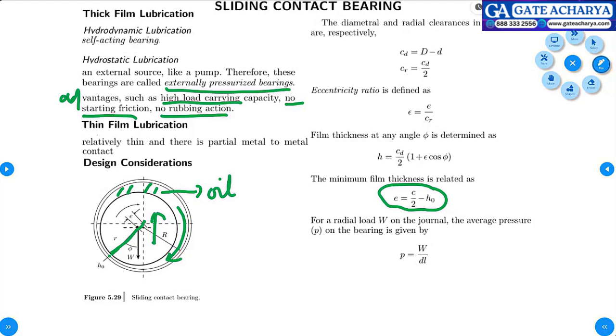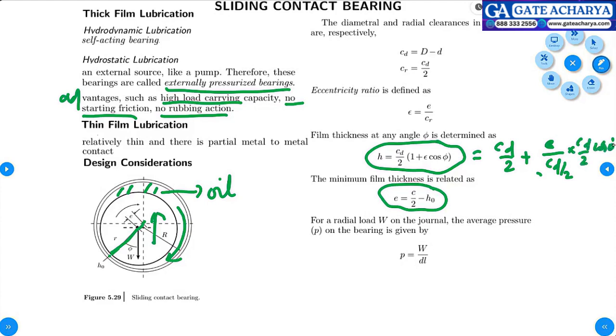Then film thickness at any angle phi, you can use this formula. I'll expand this. CD by 2 plus epsilon means E divided by CD by 2 into CD by 2 cos phi.